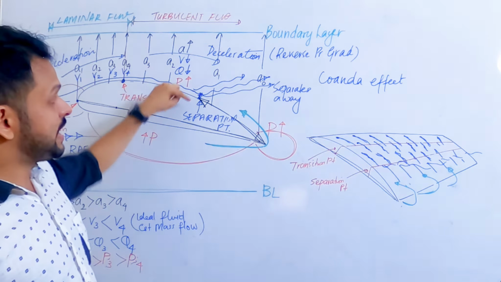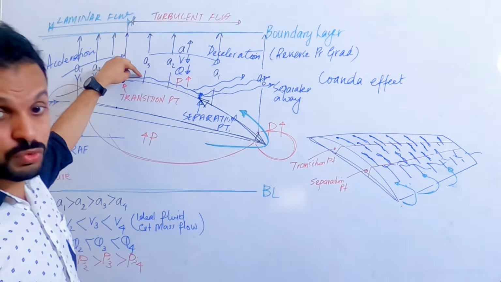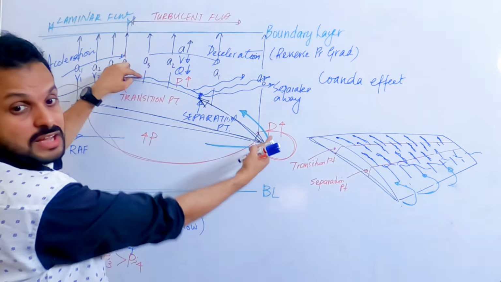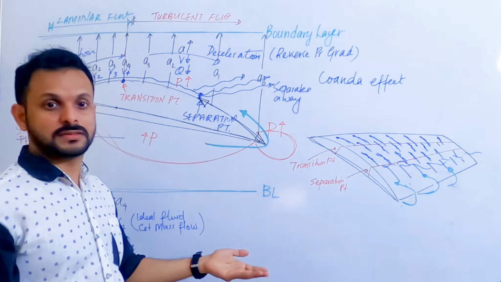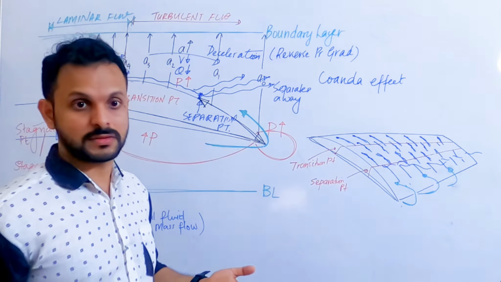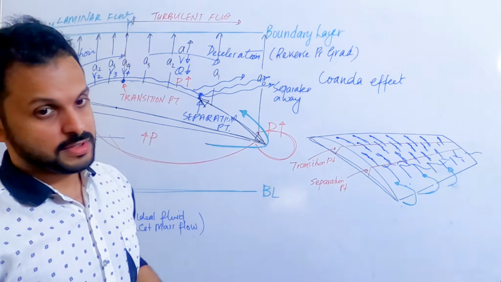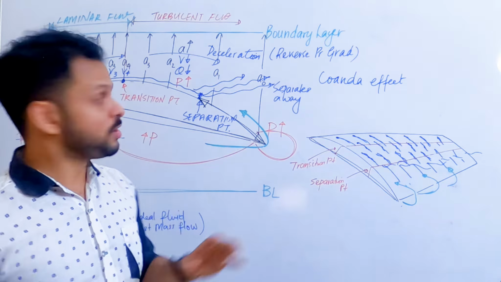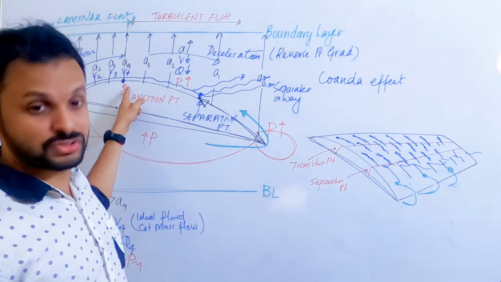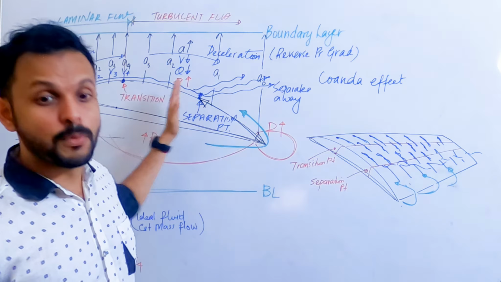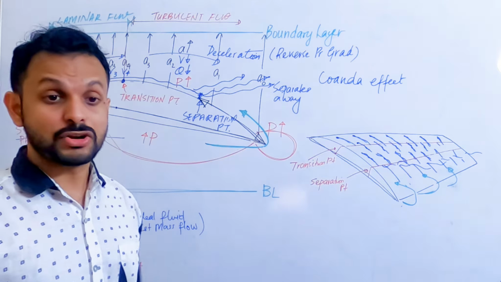On the other hand, if the separation point was far towards the forward edge, a larger area is not producing lift but simply acting as a drag-producing device. So the ideal position of the separation point, or even the transition point for that matter, is away from the forward edge, more towards the trailing edge.